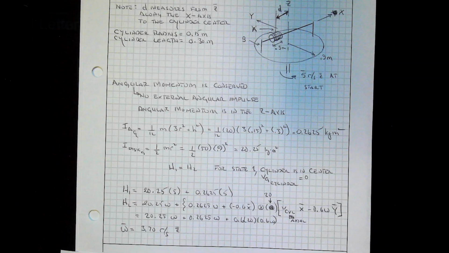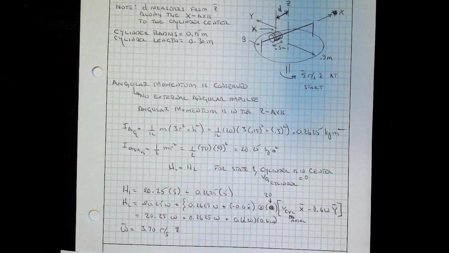Since we're not here in the center, we have an R from the center to the center of mass, and that'll be minus 0.6 meters, cross mass times the velocity. Notice here we have a velocity along the x, so I have v cylinder axial, and technically that'll be negative velocity, minus 0.6 omega. So it's 0.6 meters out times omega, which would give a velocity going this way, in the negative y direction.